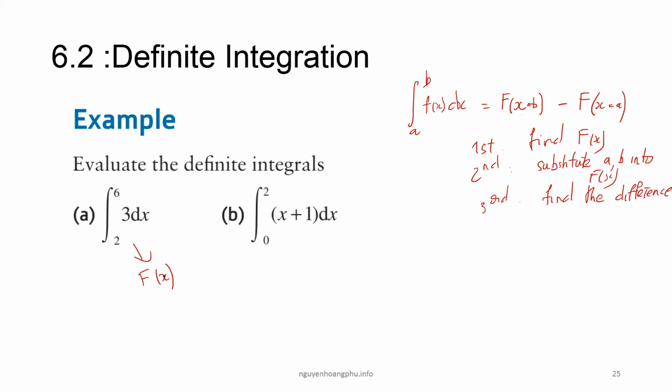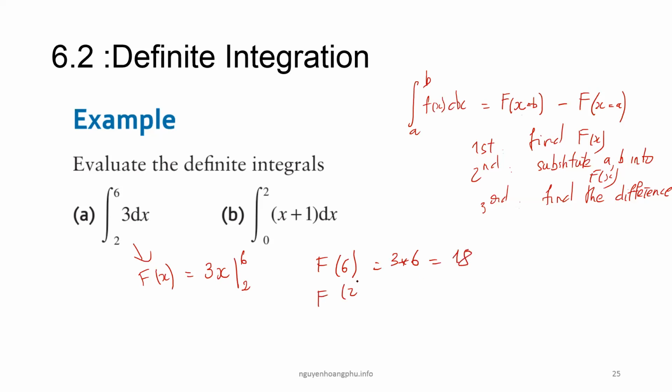Right. So here F(x) will be equal to 3x. And now we will have this one running from 2 to 6. So F of 6 is equal to 3 multiplied by 6, which is 18.